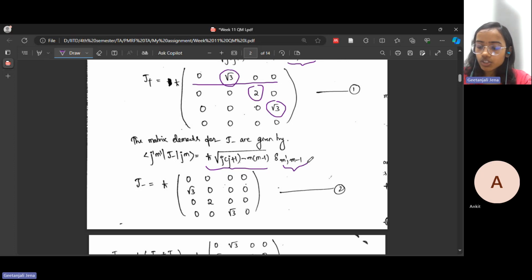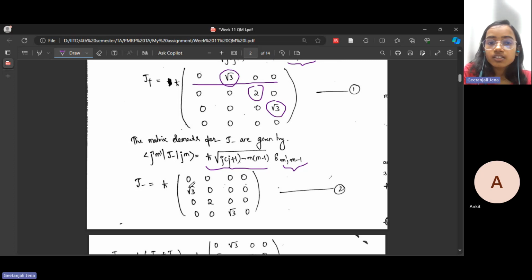So now for the matrix representation, what you can do, you just keep the value of m as a constant and vary the value of m prime from minus 3 by 2 to 3 by 2, and check for which components these matrix elements are non-zero.